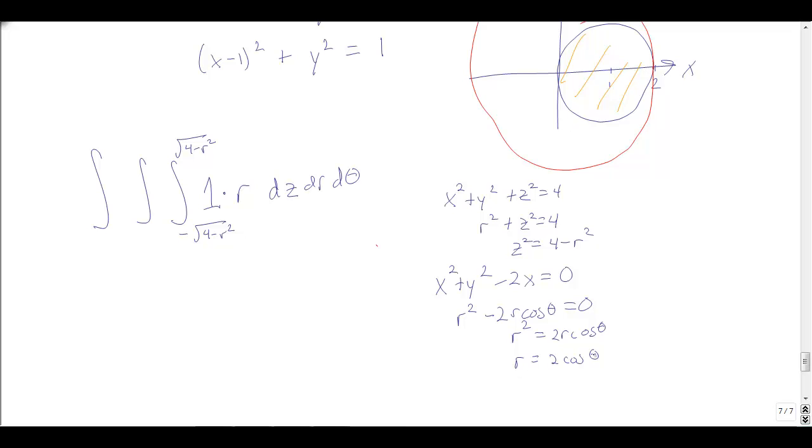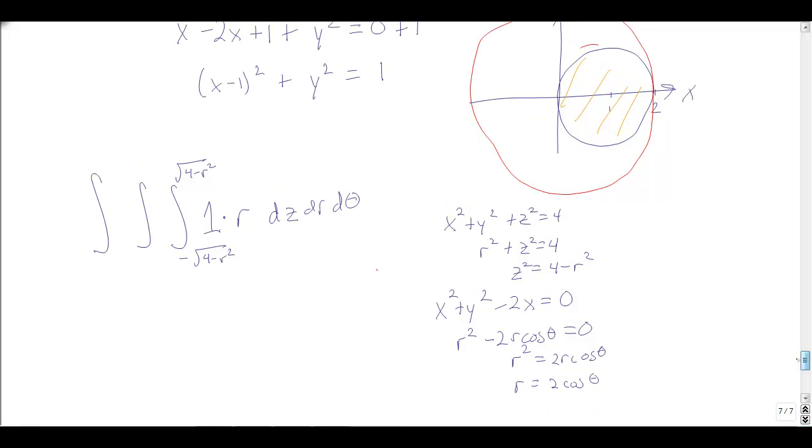So what we're going to have here is these r's starting at the origin and going out to the circle. Start here, go out to the circle; start here, go out to that circle.